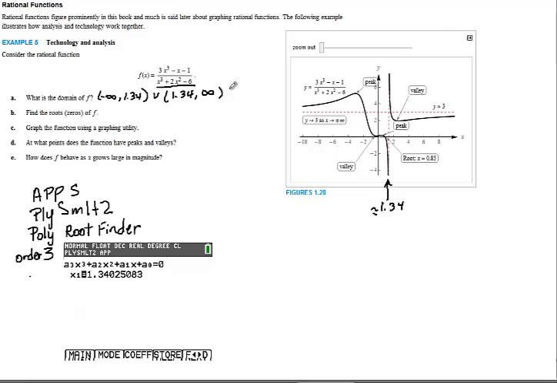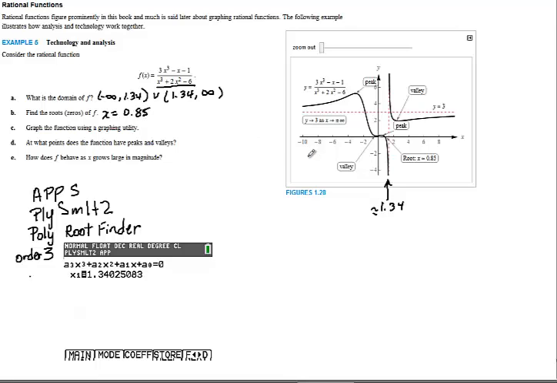The roots are those places where my graph crosses the x-axis. That's what a root refers to, and it looks like they already have listed this for me. If I wanted to, I could get my calculator to find that root for me as well. Since they have it listed, I'll just go ahead and say x equals 0.85.